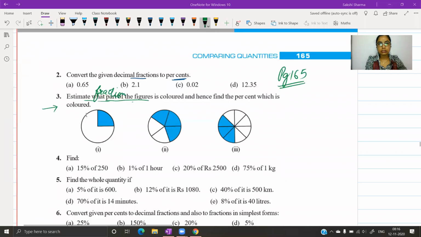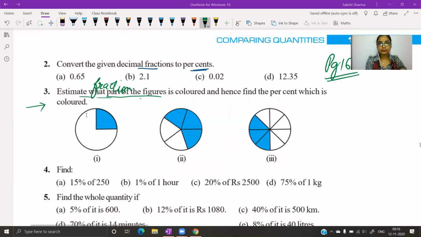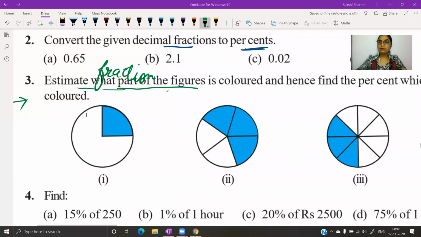So if I just zoom in here, this is the figure that you have. What I did was I completed this line vertically downwards, and then this horizontal line also horizontally towards the left. Now what I can see is the circle here gets divided into 1, 2, 3, 4 equal parts.